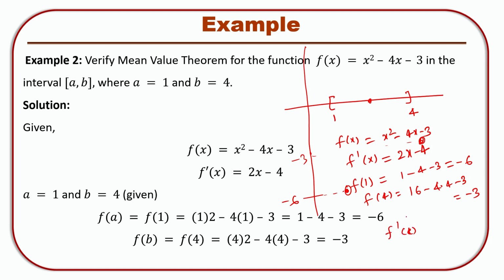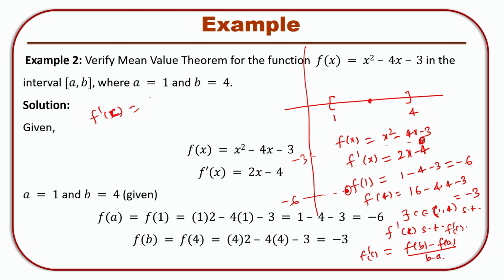So assume there exists a point c belonging to the open interval 1 and 4, such that f'(c) is equal to f(b) minus f(a) divided by b minus a. Let me calculate it.